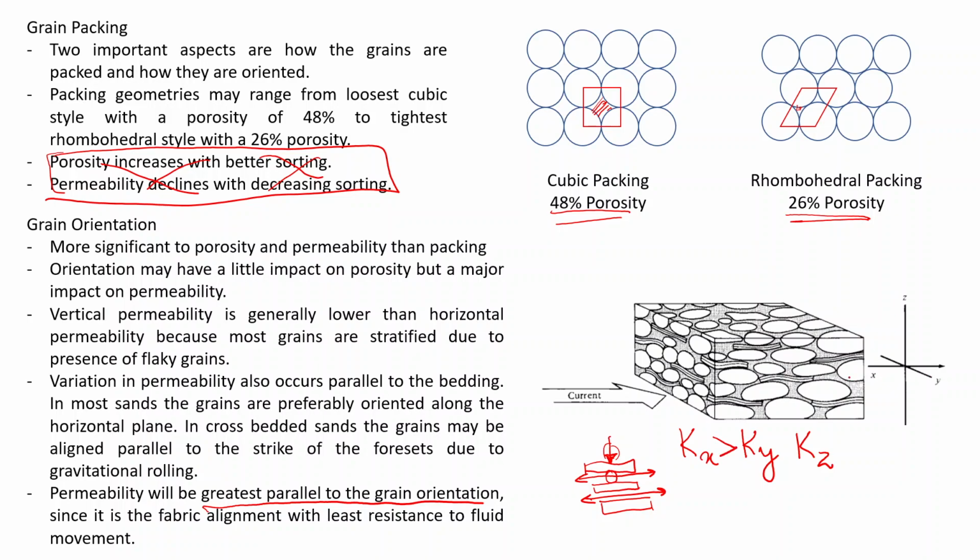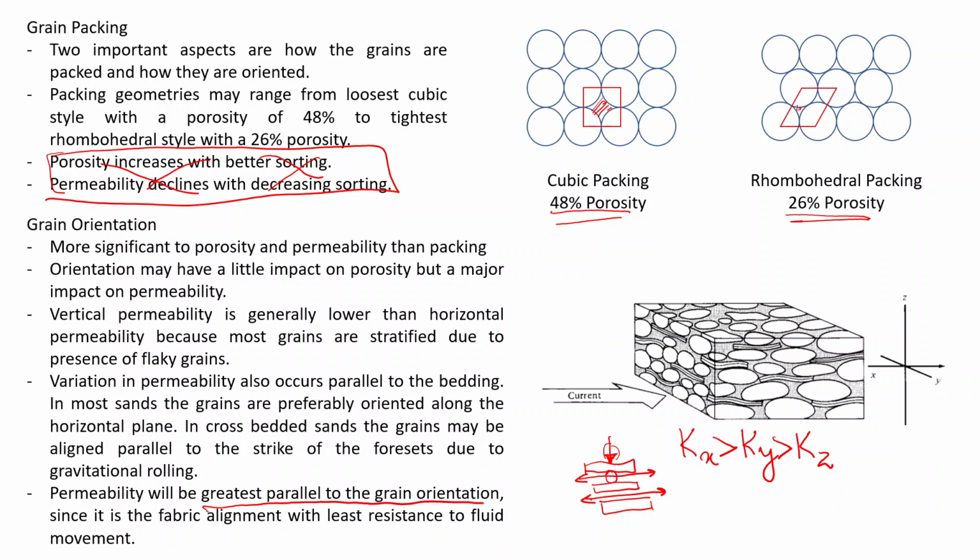Like for example, in the cross bedded sands, they may be aligned parallel to the strike of foresets, followed by the vertical. So the permeability along the x axis is highest, followed by the y axis and then the z axis. So the grain orientation is very, very important when it comes to the impact on the permeability.